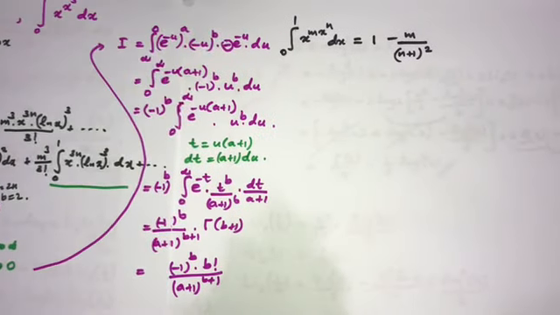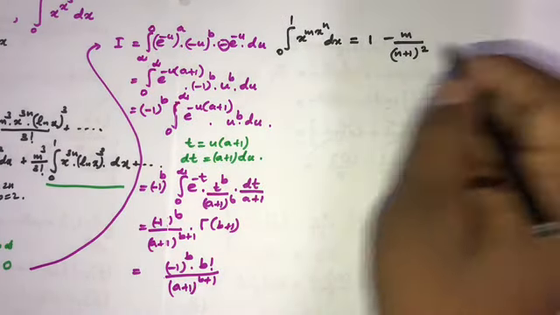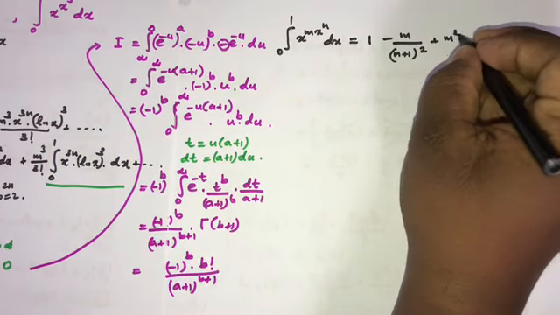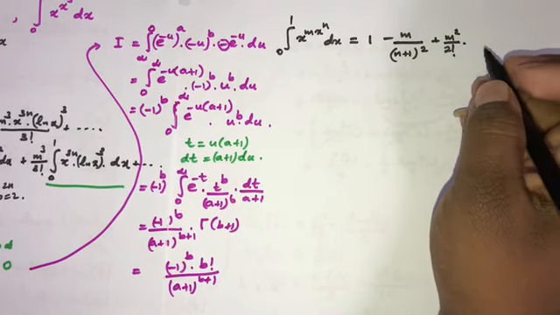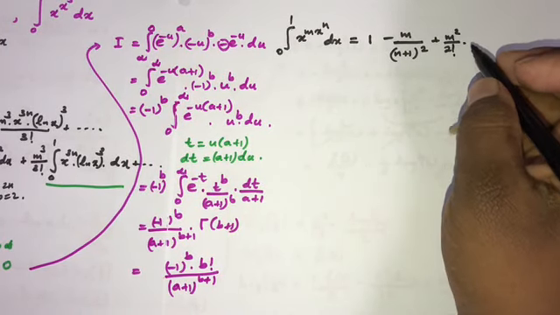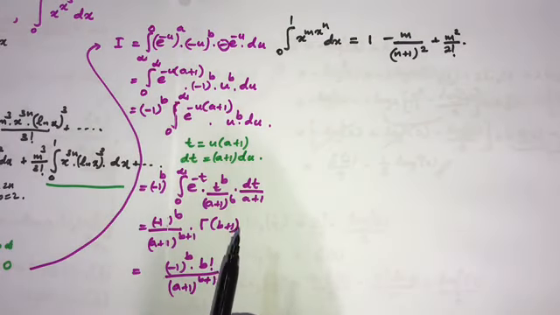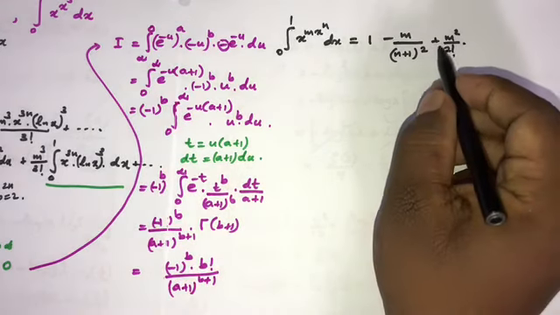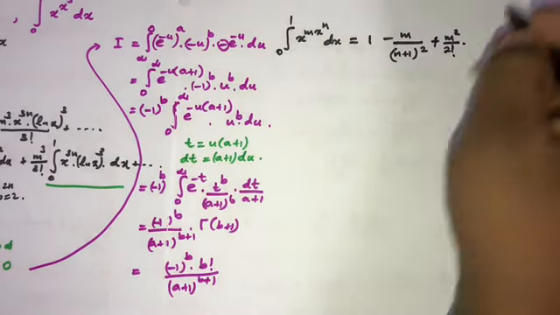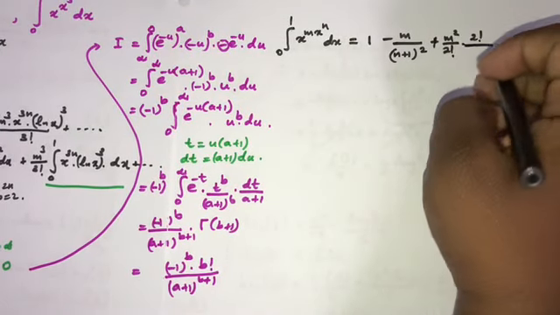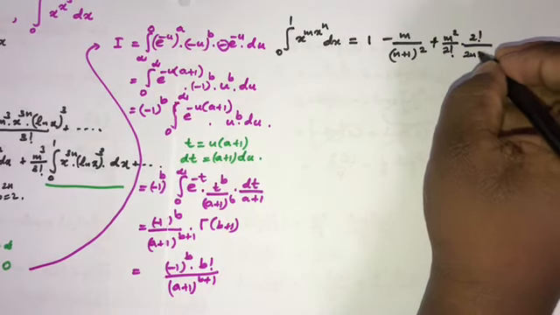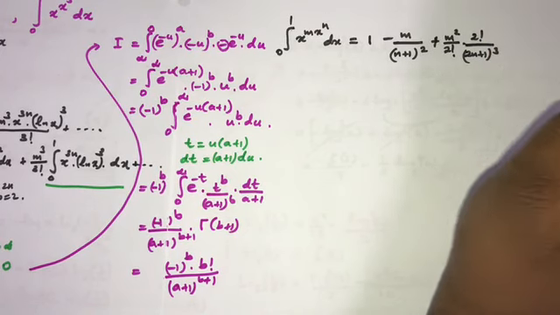So we can write here m square over 2 factorial is a constant, and then the integral, where we know minus 1 square, so plus, and here 2 factorial over 2 times n plus 1 raised to the 3 power.